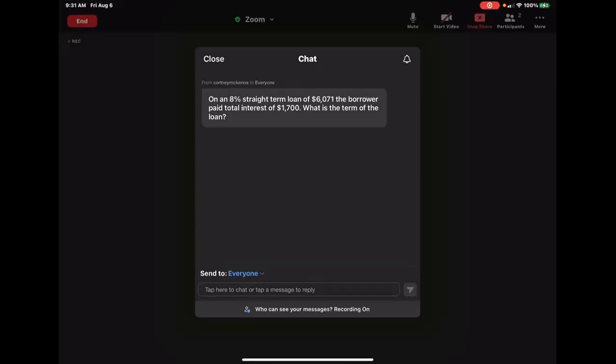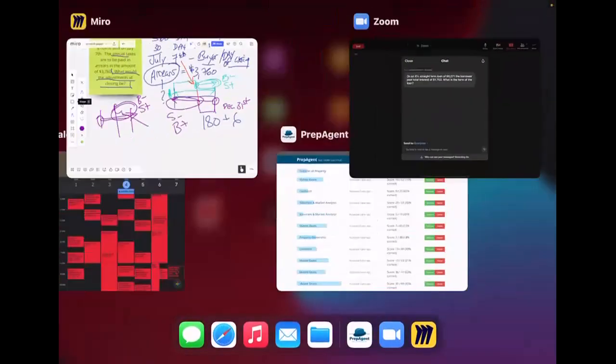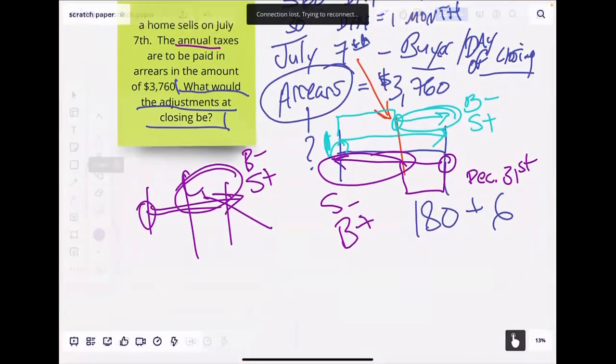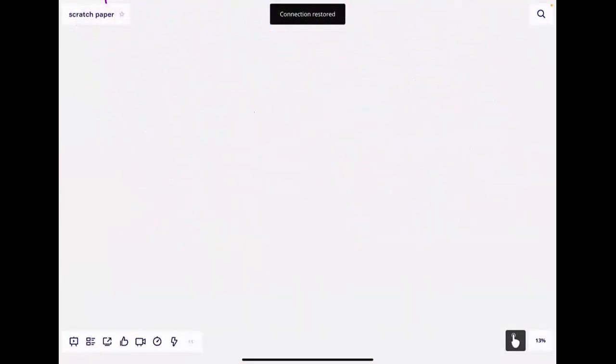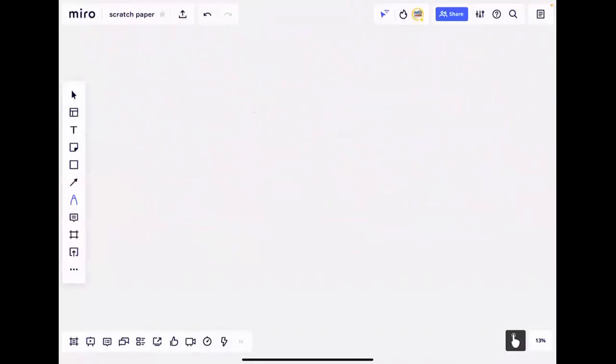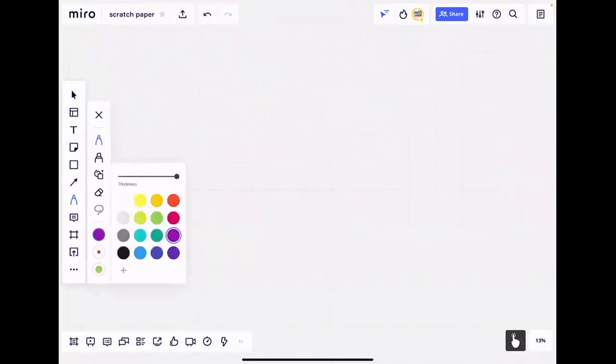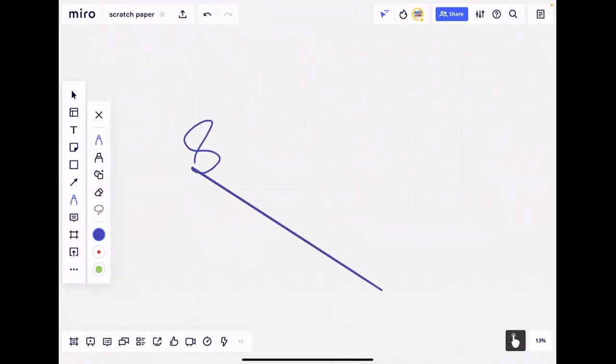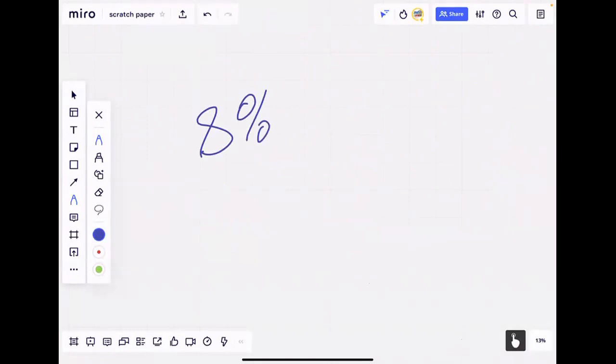Let's work this out. Can you see my screen? I can. Okay, so let's work the math out here. What it said, and I'll show you: we had an 8% loan, 8% interest on $6,071.